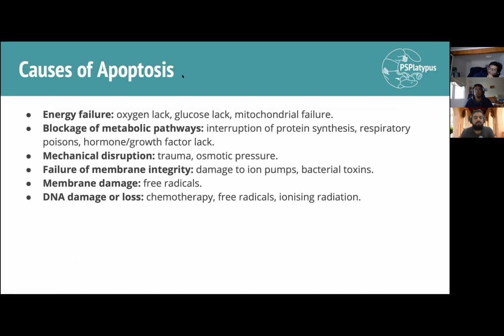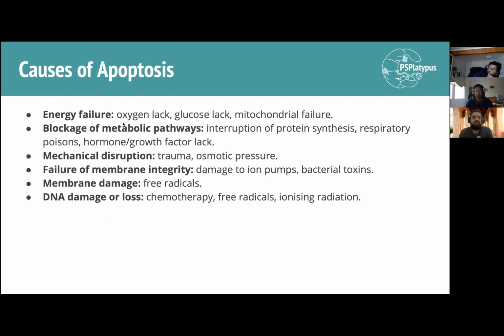So apoptosis is a regulated normal process. We have these causes for apoptosis, which can be considered normal causes, where the cell loses its function or is too old to carry out its functions.